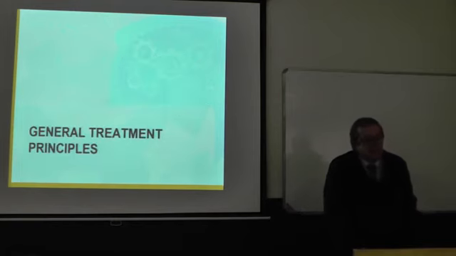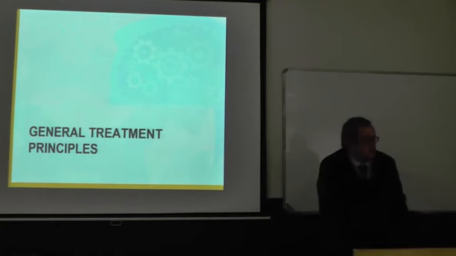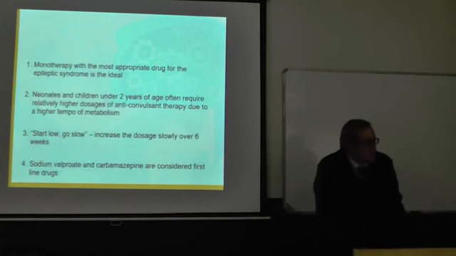So, as I told you, we don't have time to go into the general treatment principles, but you first obviously use monotherapy, and you must make sure that you are careful. We often start, for instance, in the first week with half a dose, milligram per kilogram, and then you go to the full dose.